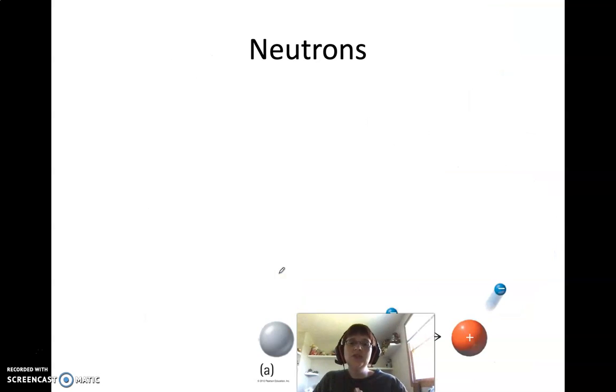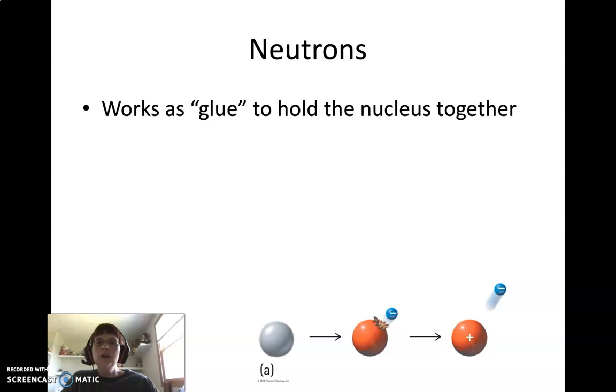Okay. So what are the neutrons doing? The neutrons work as glue to hold the nucleus together. That's why the big elements like uranium don't just pop apart. Those neutrons are holding the nucleus together.